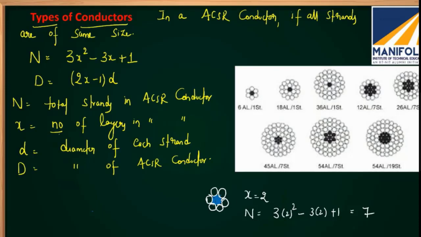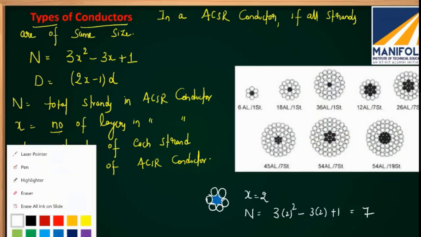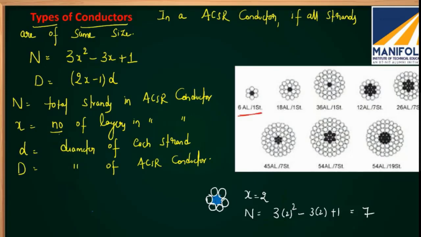7. Likewise, you can see here in the first image, a 2-layer ACSR has 6 aluminum strands and 1 steel strand. If you go for 3 layers, the total number of strands, n, will become 19.